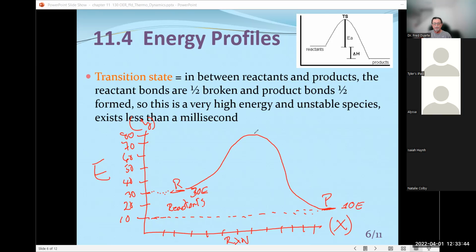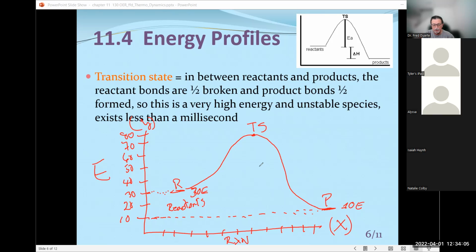Now, on top of the hill, that is where we believe the transition state exists. We denote that by TS. That is our transition state. That is that point where you're getting both bond breakage and bond formation to make whatever product you're making.